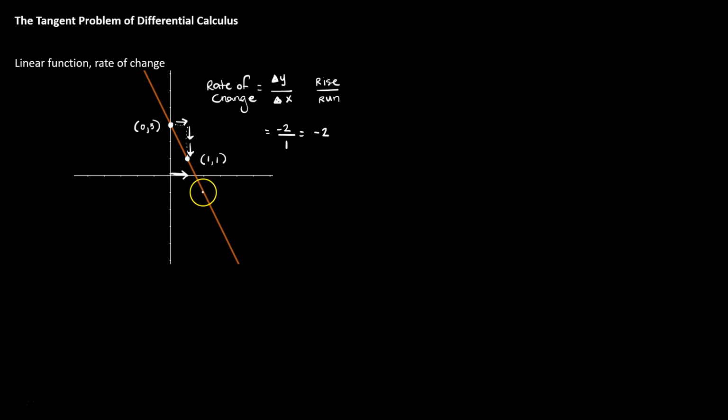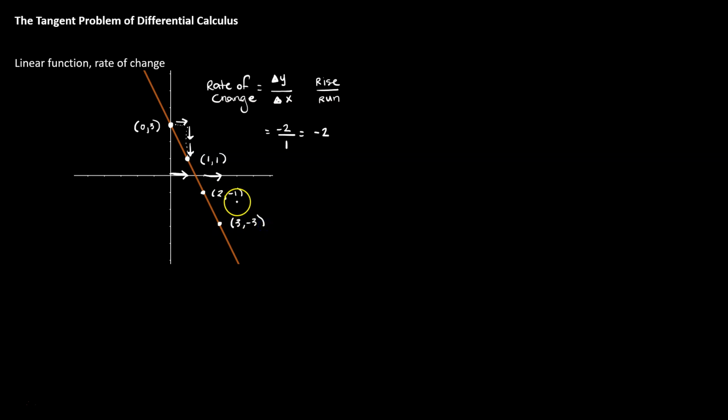So let's take another point. Maybe at x equals 2, y equals -1. That's this point. And if I allow myself to move forward in the positive x direction exactly 1 unit, the new output would be at x equals 3, y equals -3.